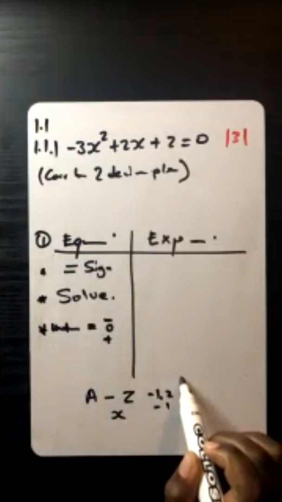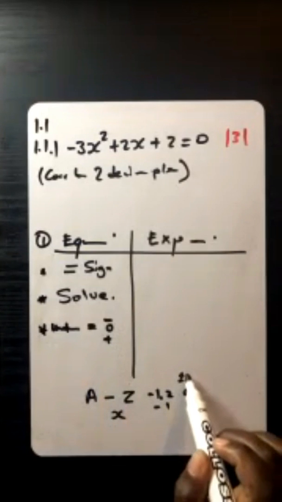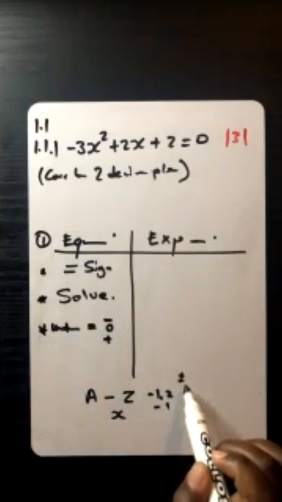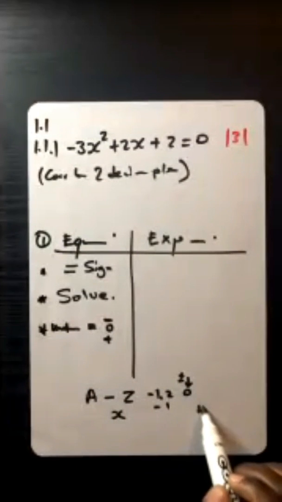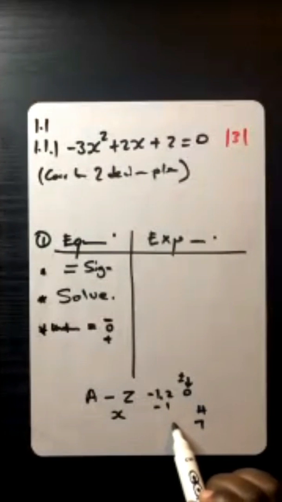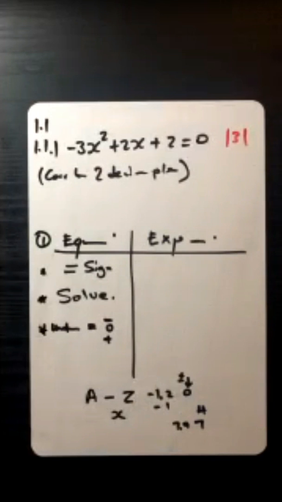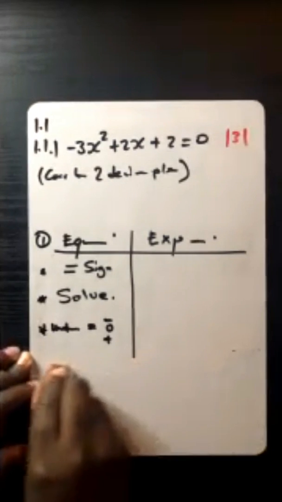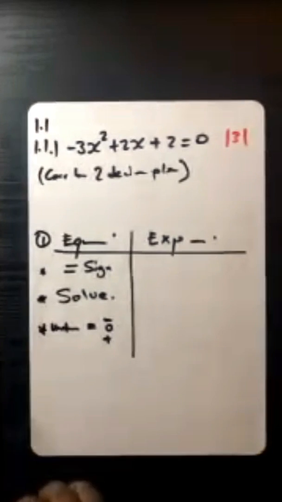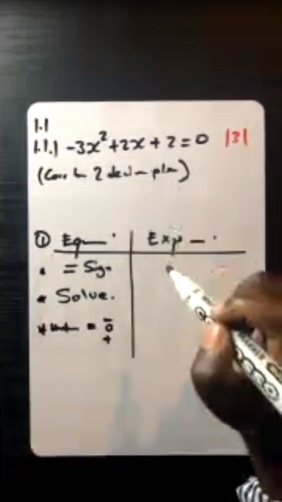Remember, 0 is neither positive nor negative. Whether you punch positive 0 or negative 0, you just get 0. And again, it could be 4, it could be 7, it could be 7.9, it could be whatever positive number. So ladies and gentlemen, that's what you need to be aware of as far as an equation is concerned.